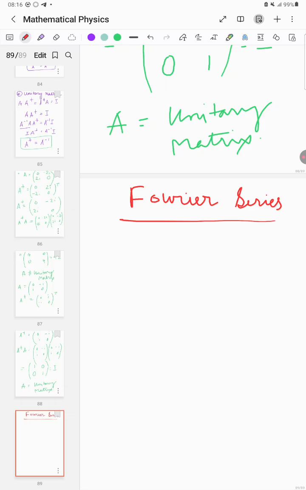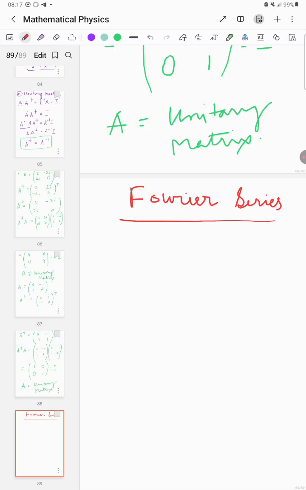So let us now look into what a Fourier series looks like. A non-sinusoidal periodic function can be expanded into sine and cosine functions.